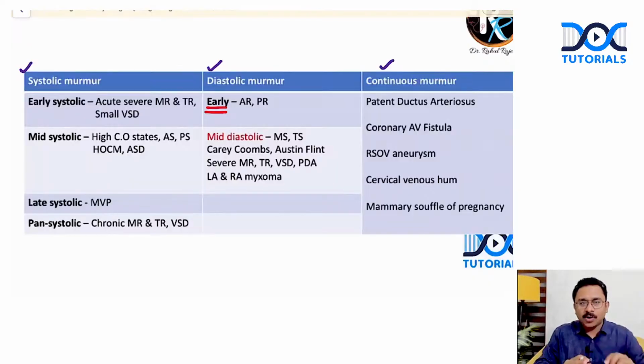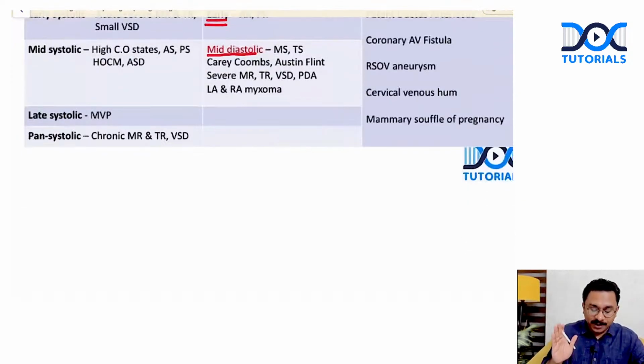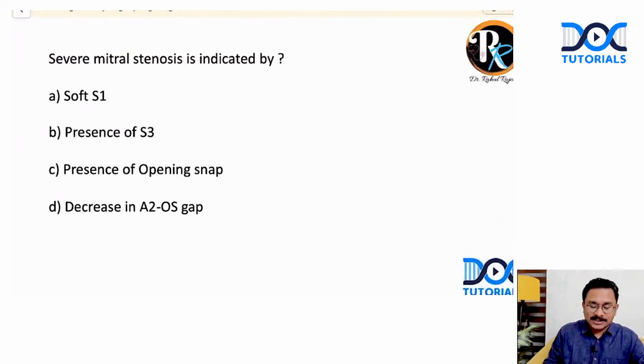There are 2 important causes of early diastolic murmur. One is aortic regurgitation, the other is pulmonary regurgitation. This entire table is very important. This time they asked about early diastolic murmur. Next time they may ask about mid diastolic murmur. So this table is ultra important for FMG exams. Okay, right. Now coming to the next question.